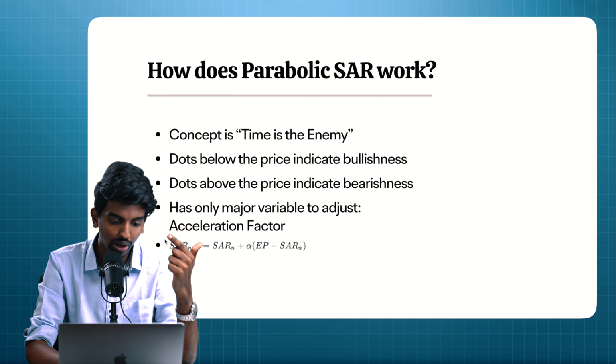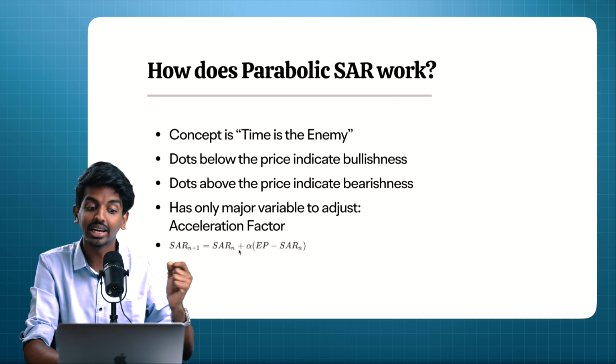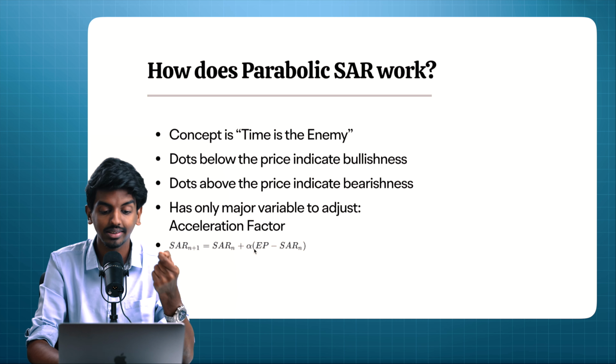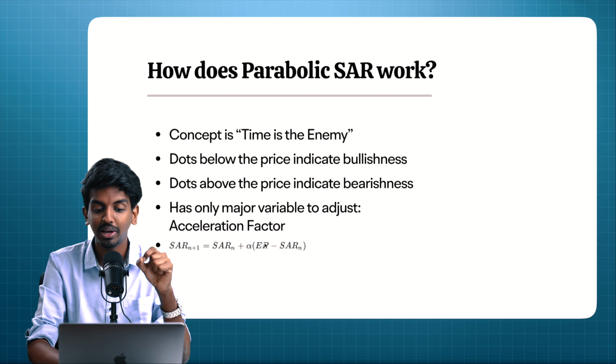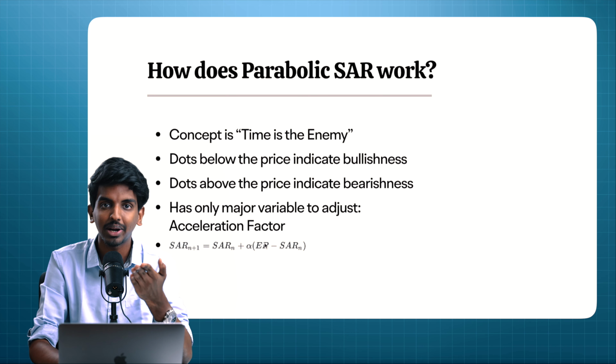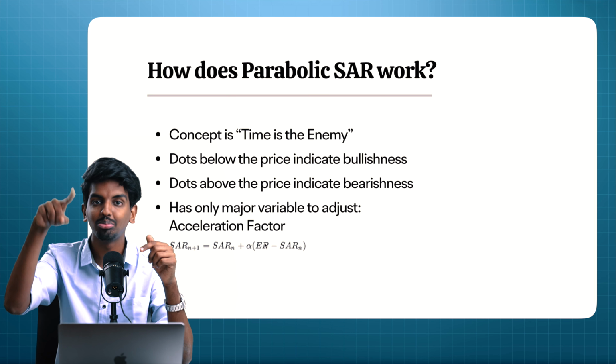But I want to get back and discuss the acceleration factor because that's the only thing that you have control upon. Okay, so every parabolic SAR calculation happens with what was the SAR value in the previous period. Then there is something called alpha, which here is the acceleration factor, and EP, which is an extreme point. Extreme point or extreme price is nothing but the swing high or swing low in that nearby trend.